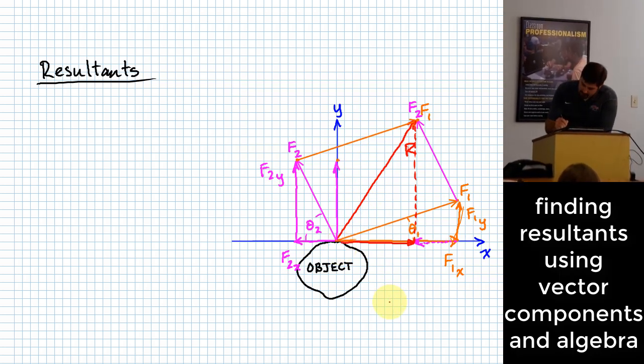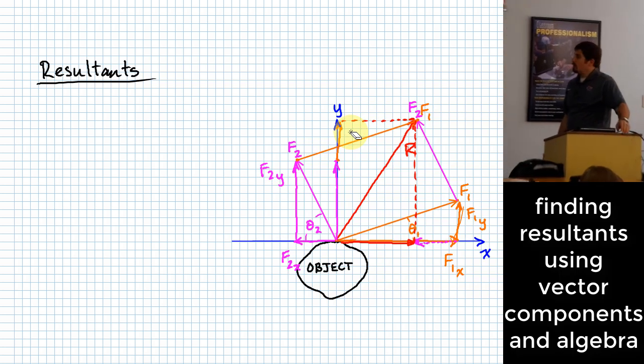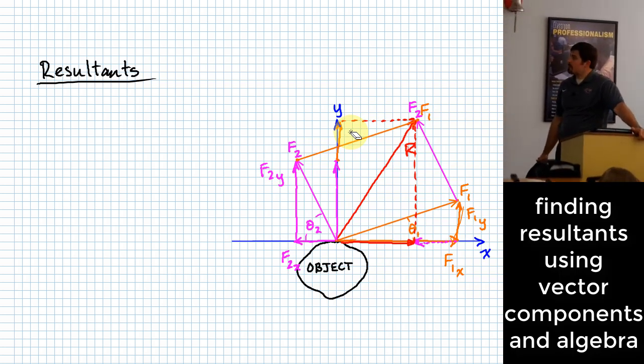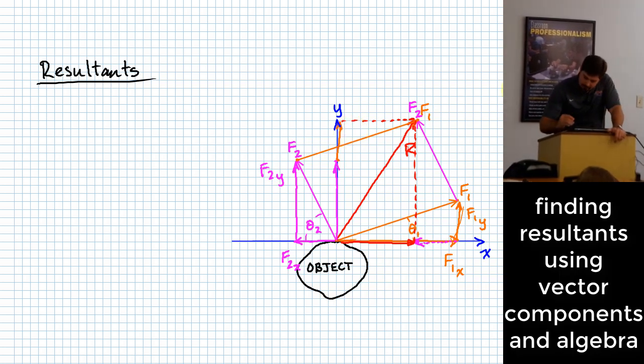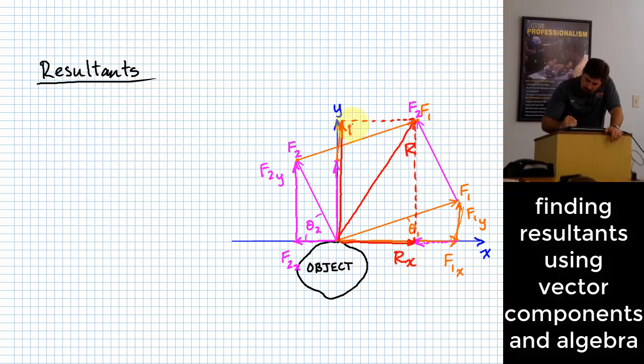So if I take that and I put it there, and I take this y component here, and I add it on like this, where does that take me? Okay, it gives me the y component of the resultant vector, right? That would be this right here. So this basically would be like Rx and Ry.